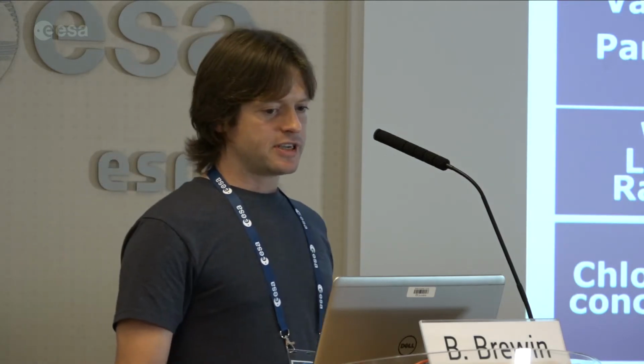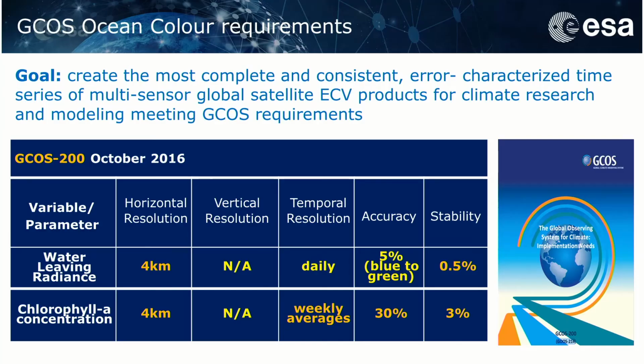Okay, so when GCOS put together these essential climatic variables, they come with a series of requirements, and these are the latest requirements, I believe, from 2016. There were some early ones the CCI project worked with in 2011.